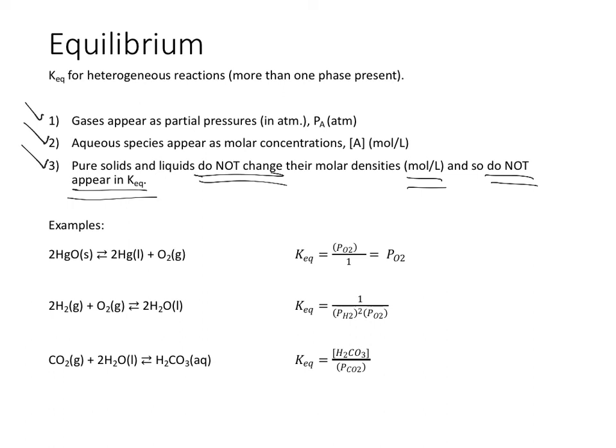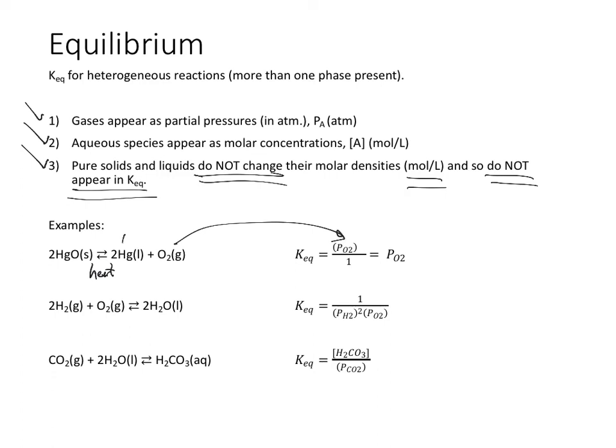Let's look at three examples quickly. Here's one for solid mercury(II) oxide. If I heat it, it will decompose into liquid mercury and oxygen gas. So our KEQ is going to be the partial pressure of oxygen.